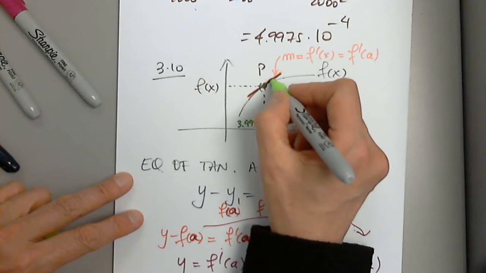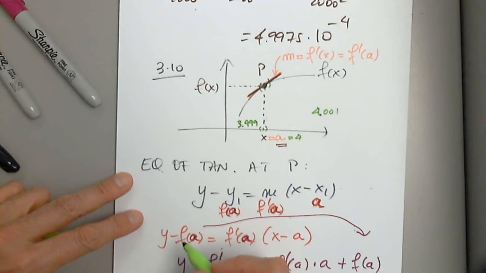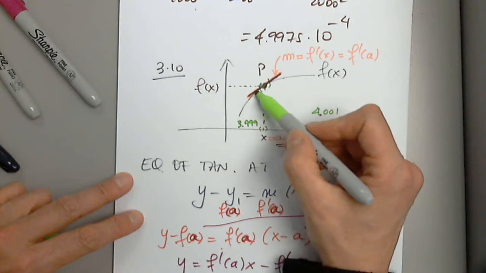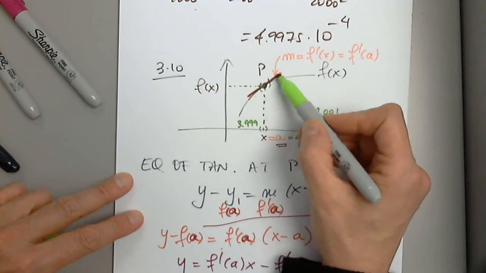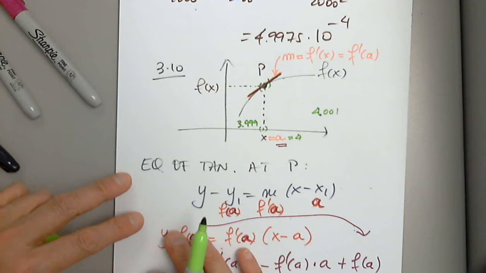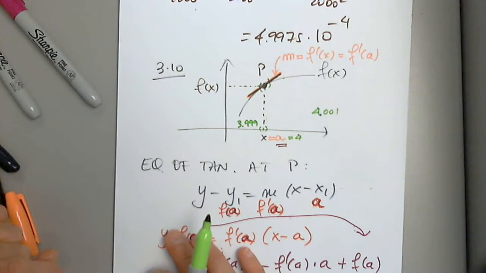Do you think that these two, the function and the equation of the tangent line, will be in value very, very close? Would you agree?